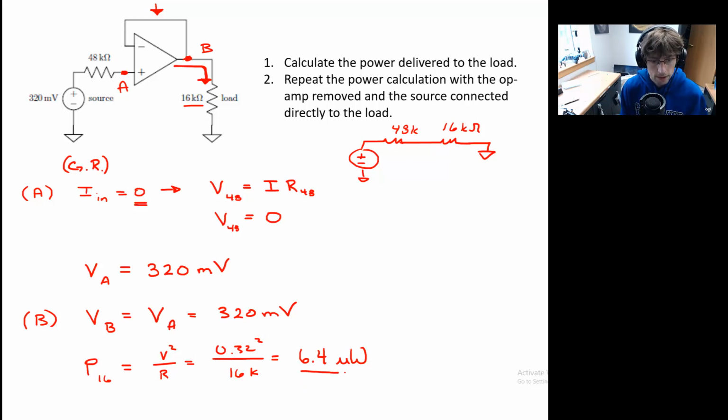So I get 6.4 microwatts. Not very much, right? Good so far? Okay, good. So we are done with the first part of the problem.